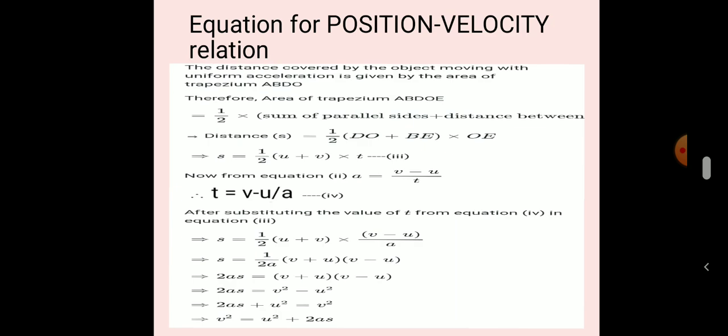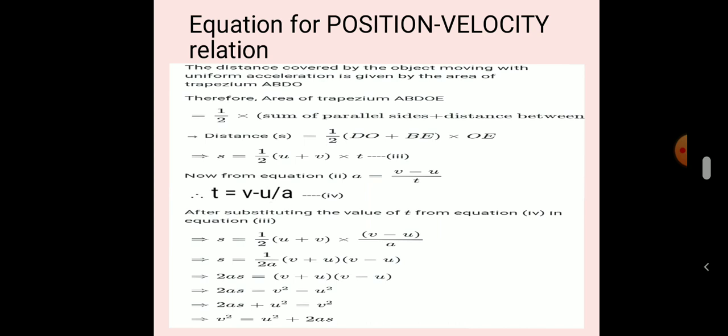Again we are going to use the same graph because the object is moving with uniform acceleration. This equation is giving the relationship between position and velocity. So here the distance covered by the object moving with uniform acceleration is given by the area of trapezium ABDO, and the area of trapezium is equal to 1 half into the sum of the parallel sides times the distance between the parallel sides.